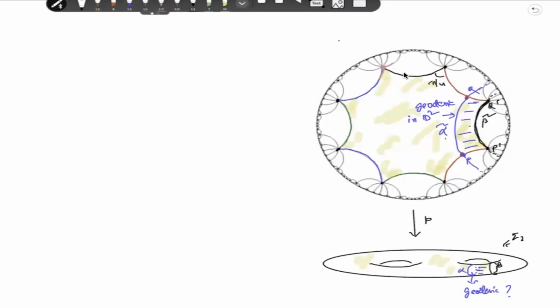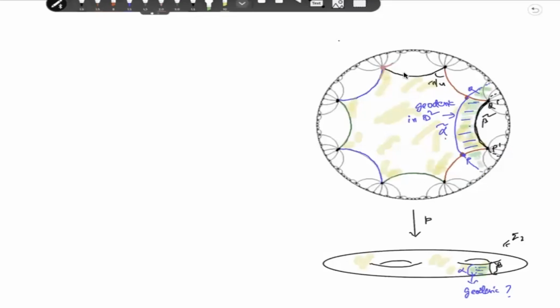So alpha tilde and beta tilde are bi-infinite geodesics, and if you project them down, you get the two curves alpha and beta. Now if I take this region and lift it up, you get this green region, and in the other tile also you get this green region.